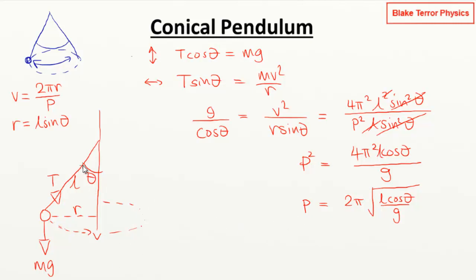So what happens then if this angle is decreasing? How much is it going to affect the period? Well, if you think what's going on with cos theta, for a small angle, cos theta is pretty much equal to 1. So if theta is small, then cos theta is roughly equal to 1.